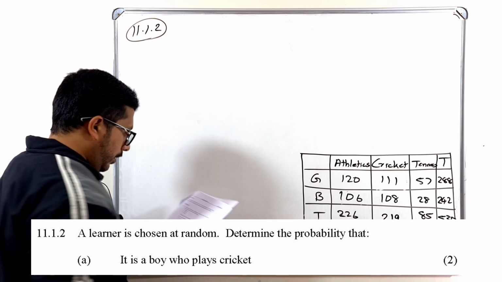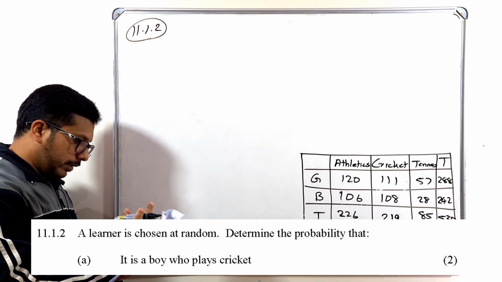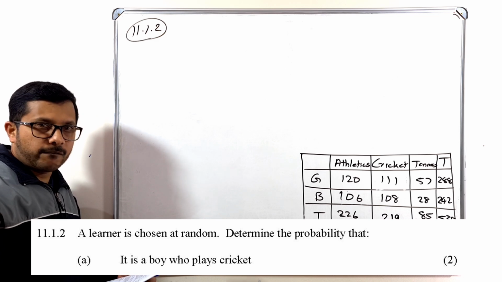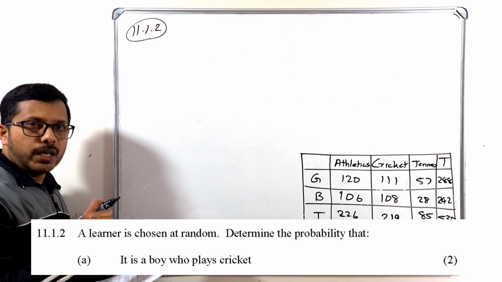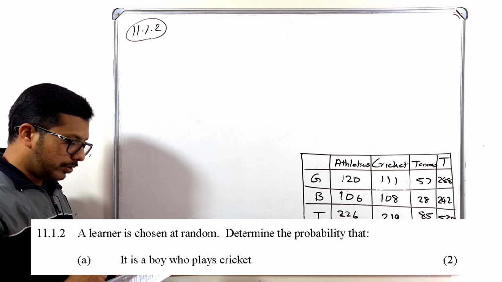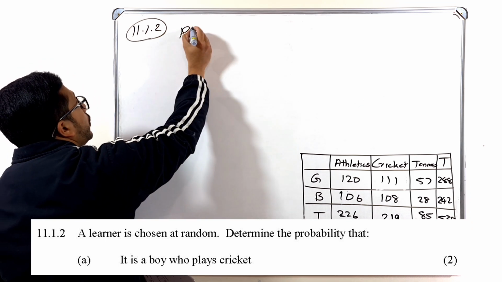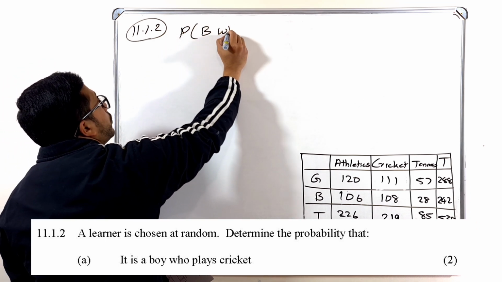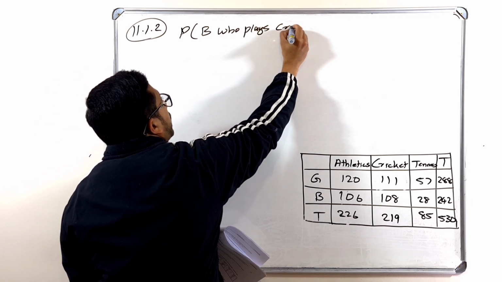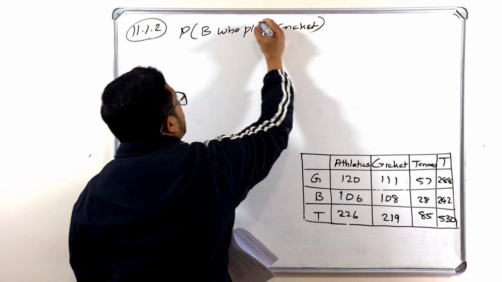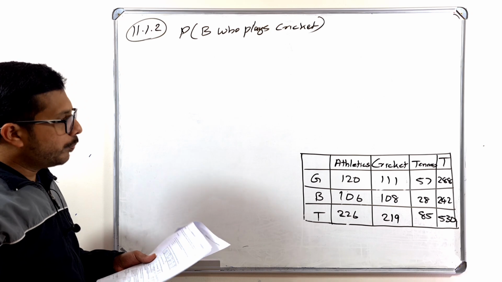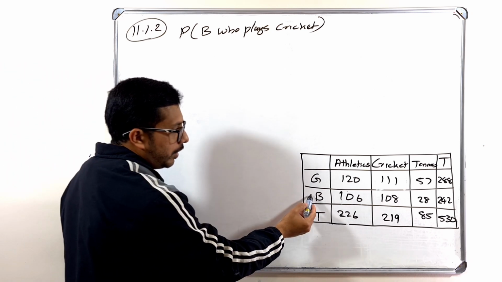11.1.2. What is that question? A learner is chosen at random. Determine the probability that it is a boy who plays cricket. One learner is chosen from that group, and we want the probability that a boy plays cricket.